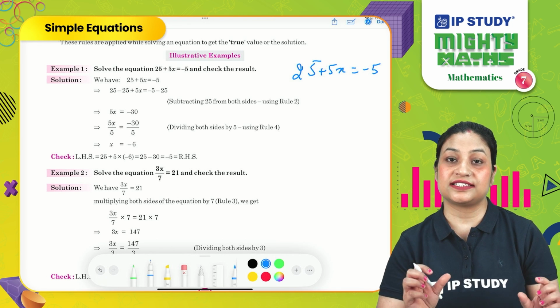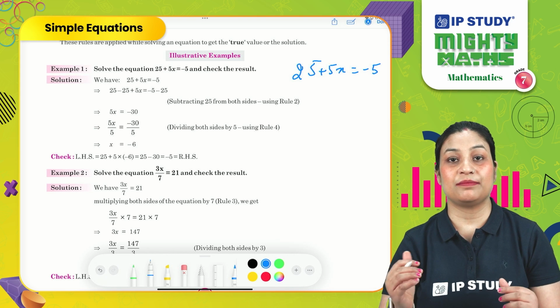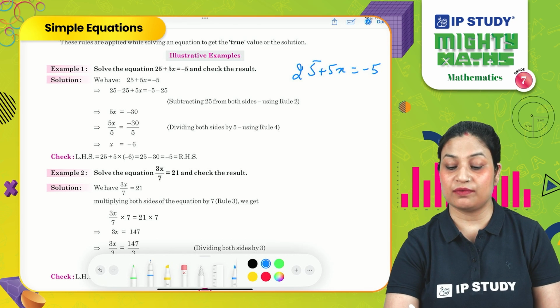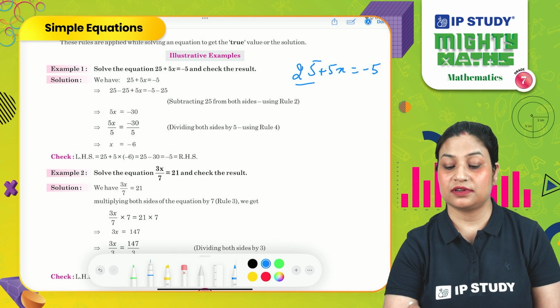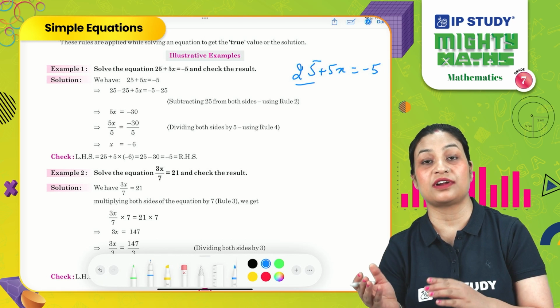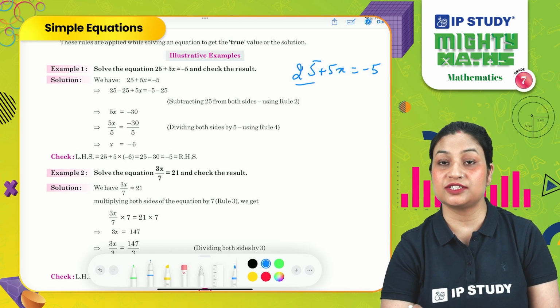So you can add the same number on both sides to eliminate one term from one side. So suppose I have 25 over here, right? And I want to eliminate this 25 and shift it to the right hand side.